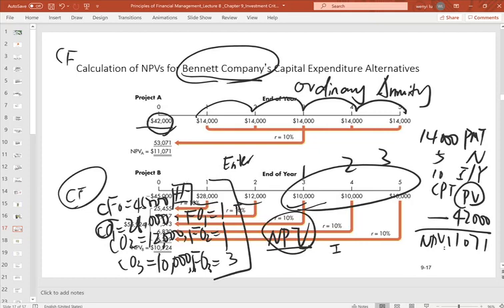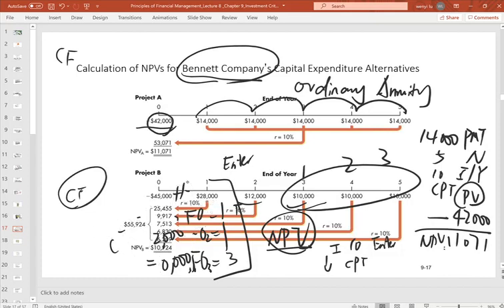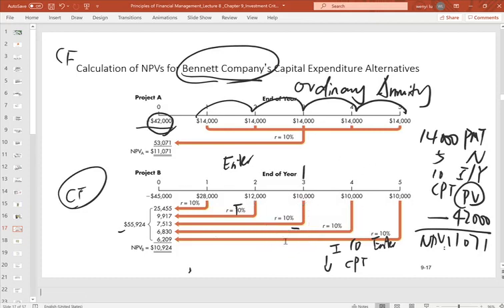Before that, you need to put in 10% as the interest rate. Then go down and press CPT to solve it. The answer for Project B is $10,000 and $95.